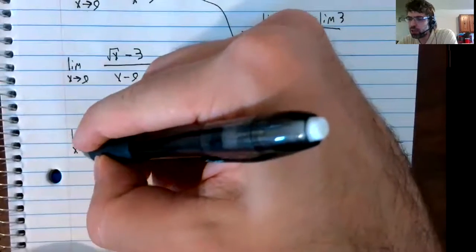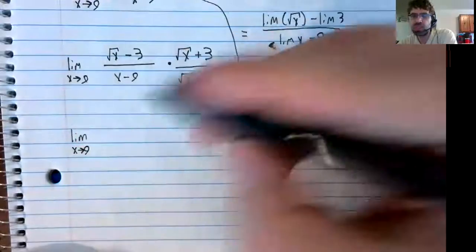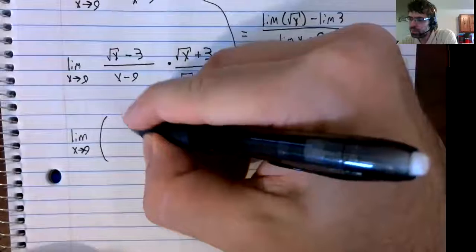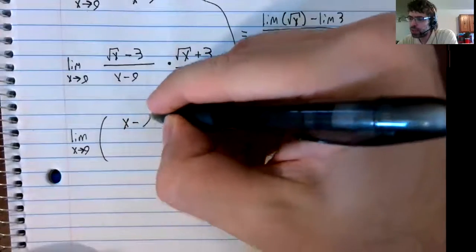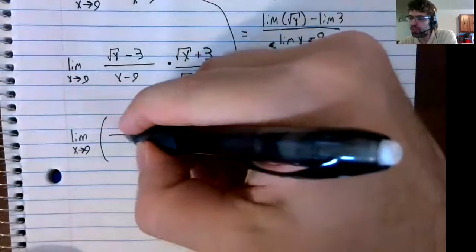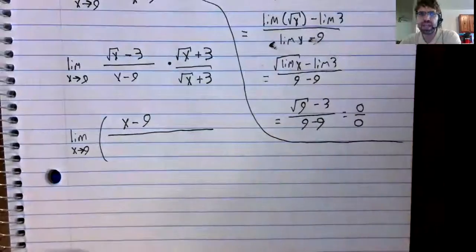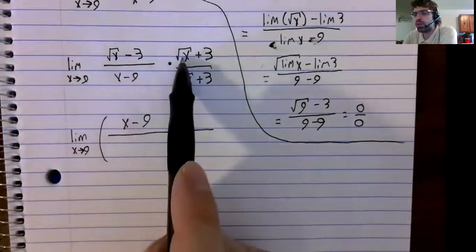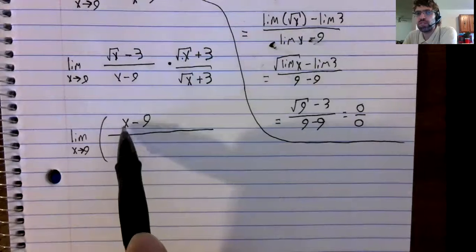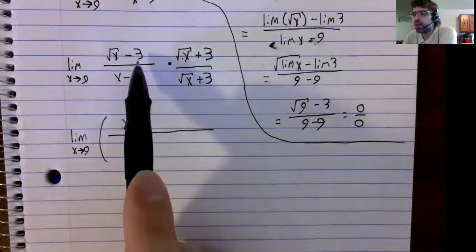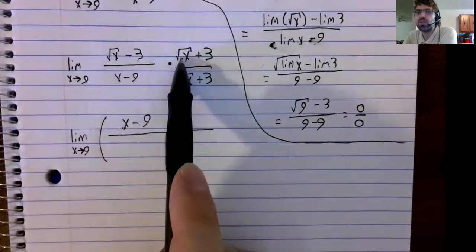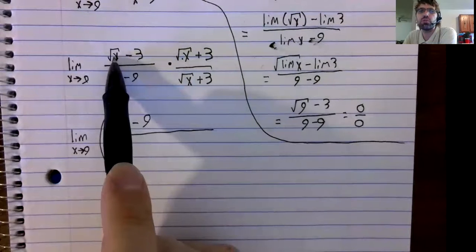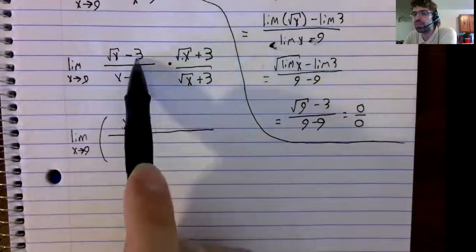And now we're going to leave this limit alone, and we're just going to simplify however we can. In the numerator, the square root times the square root gives us x. Minus 3 times the square root plus 3 times the square root cancels.